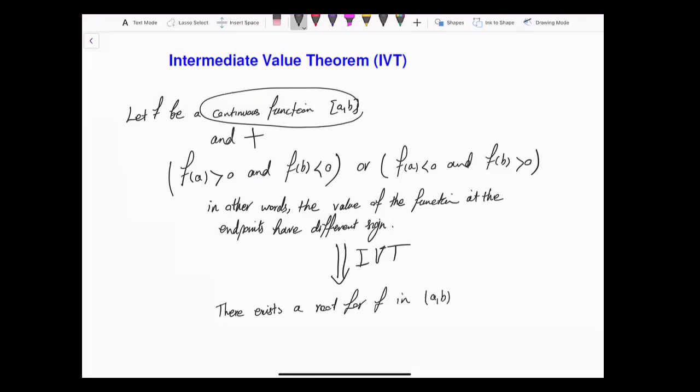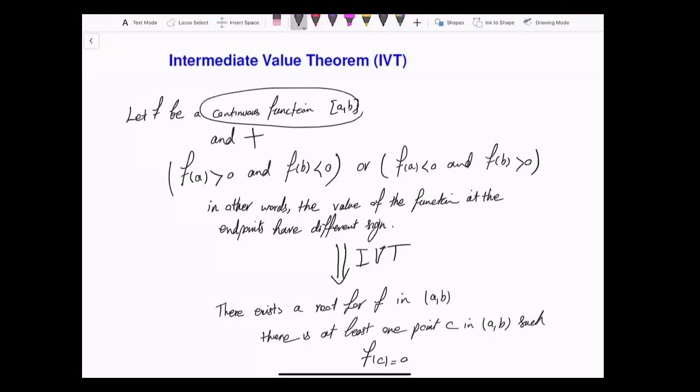In other words, there is at least one point C in the interval AB such that f at C is equal to 0.